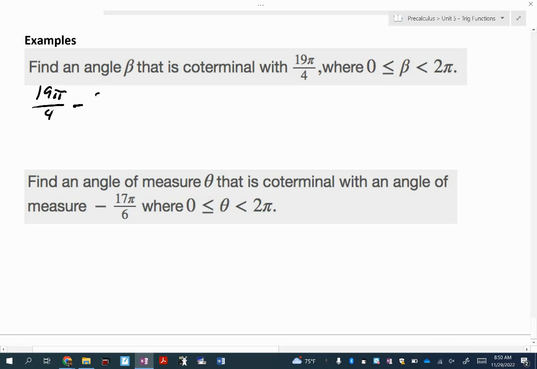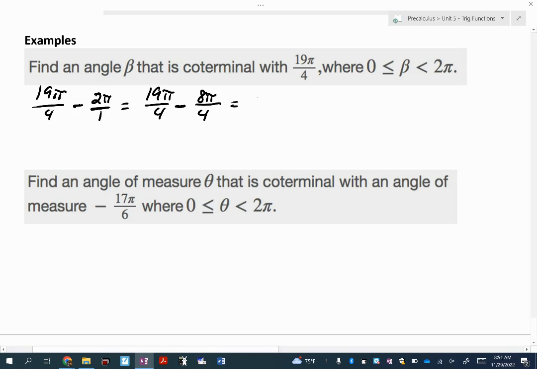So I'm going to subtract 2 pi. And when I do that, I'm going to need to get a common denominator. So I'm actually going to write this as 19 pi over 4 minus, and my common denominator of 4 is going to make this 8 pi over 4. Remember from your days of middle school, you multiply the top and the bottom by that same number, 4.